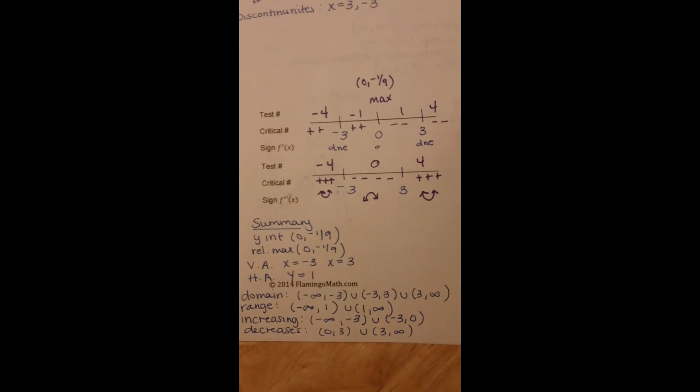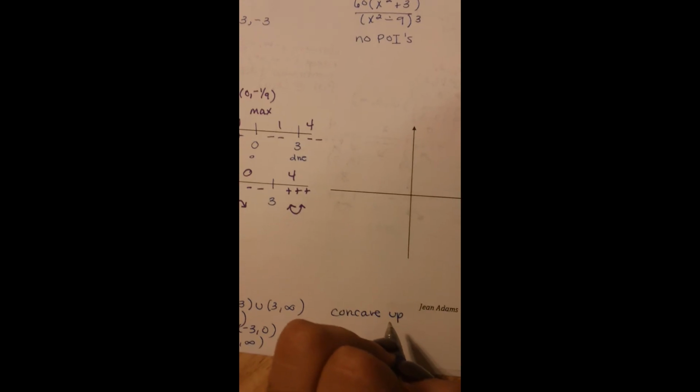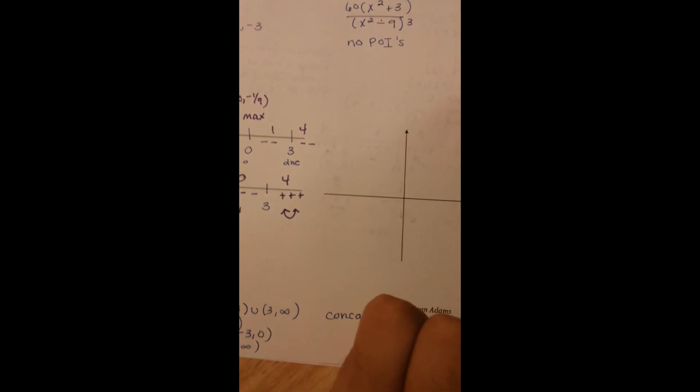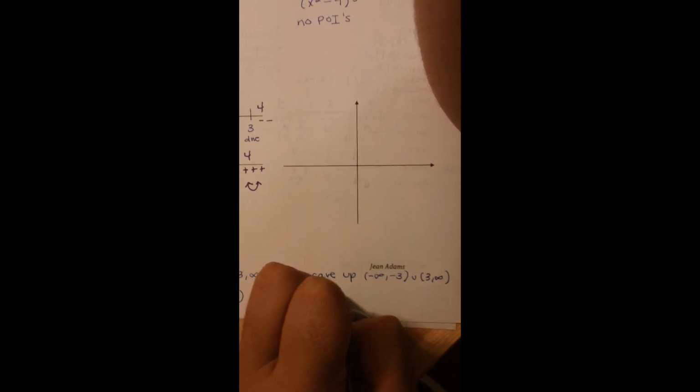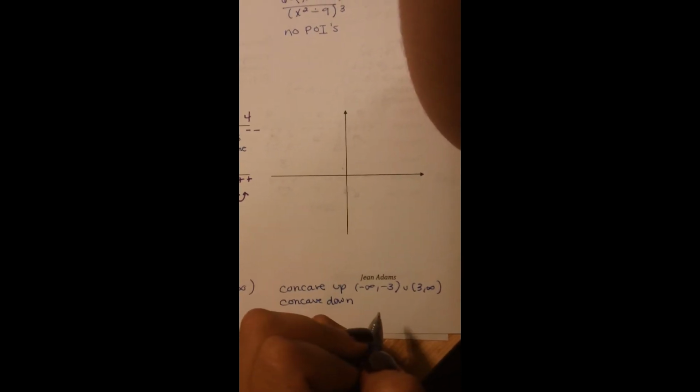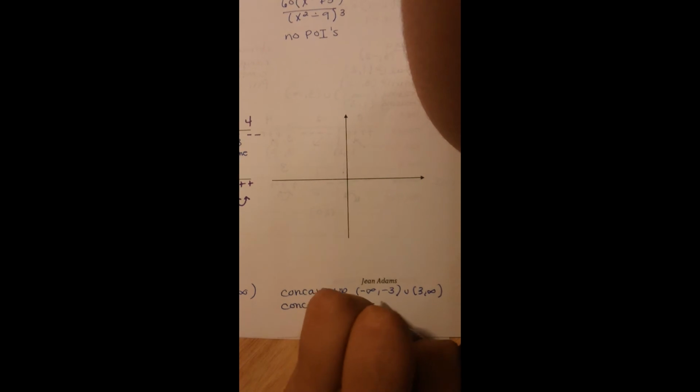That's based off our first derivative test. It will be concave up from -infinity to -3, and from 3 to infinity. And it'll be concave down from -3 to 3.